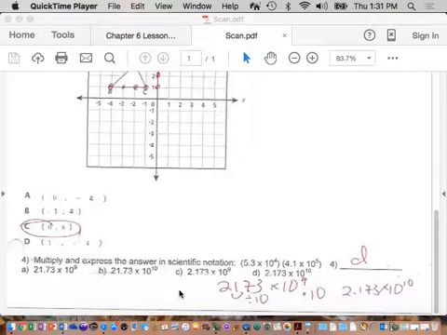And then you would know to move the decimal 2 places. So it originally comes out to be 21.73, add the exponents times 10 to the 9th. But then I need to balance it out and move that decimal, so I create, Frankie, a number between 1 and 10, and that would be 2.173 times 10 to the 10th. Choice D. All right, any questions?